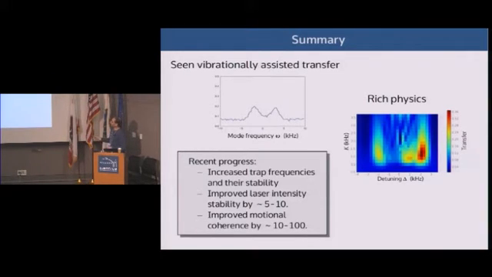That will also be the basis to scale to more and more ions, for instance, to get at 8 sites or see directional energy transfer. Here you can see the recent progress. We increased the trap frequency and its stability. We improved the laser intensity noise, cutting down a lot on it. And especially, we improved a lot the motional coherence of these states.